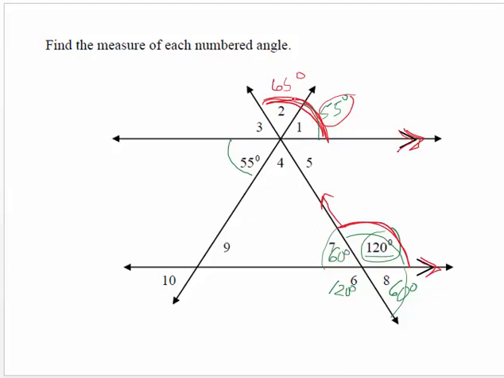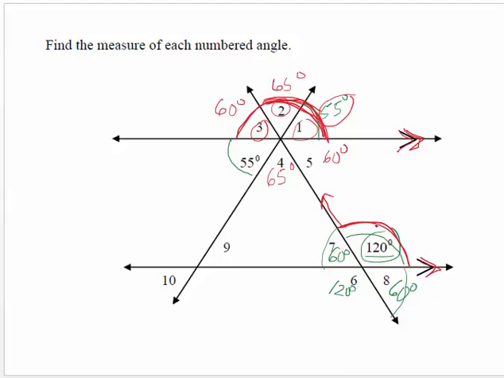Now we know that if angle 2 is 65, angle 4 is 65 degrees, right? And then we also know that angle 1, 2, and 3, if we look at these 3 angles right here, they have to add up to 180 because they form a half of a circle there. Well, 55 and 65 is 120, so angle 3 is 60 degrees, which means angle 5 is 60 degrees.